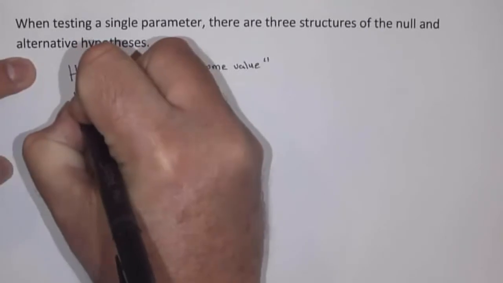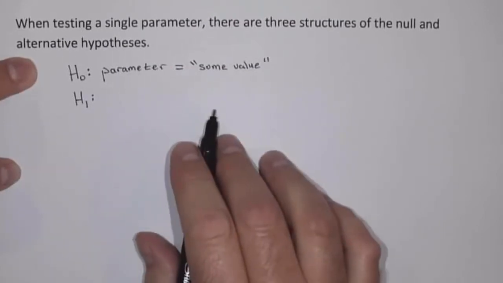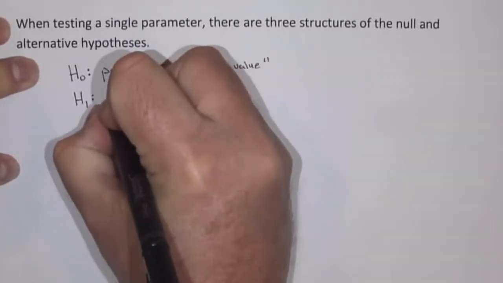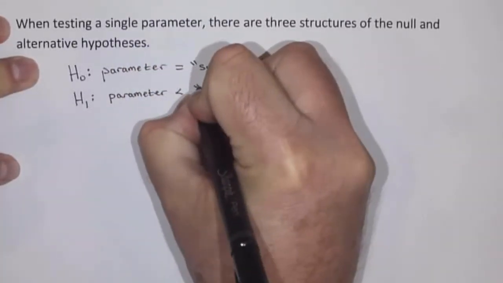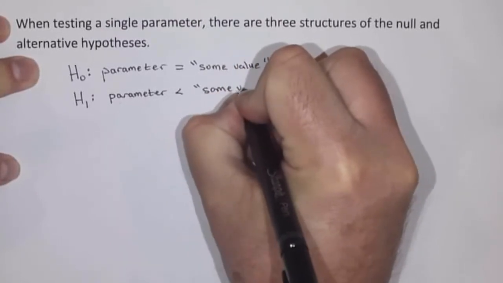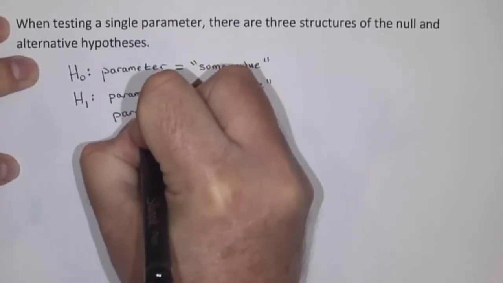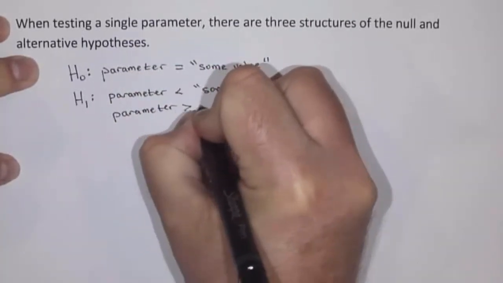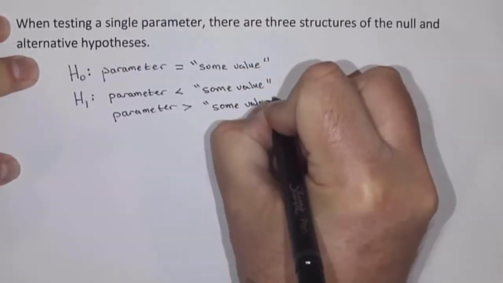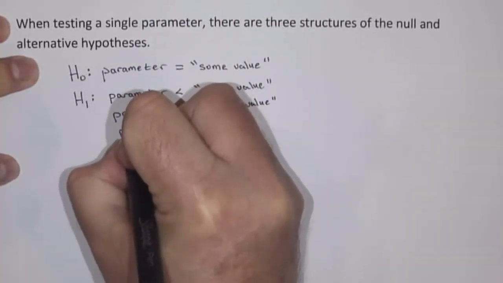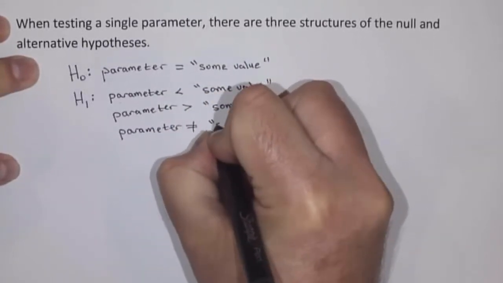And then the alternative hypothesis is going to be one of three things. It will not be all three. It will be one of the three. It will either be that the parameter is less than this value, or it will be that the parameter is greater than this value, or it will be that the parameter is not equal to this value.